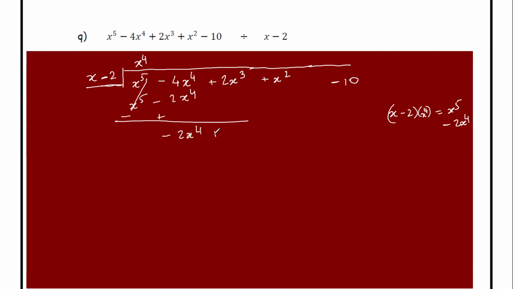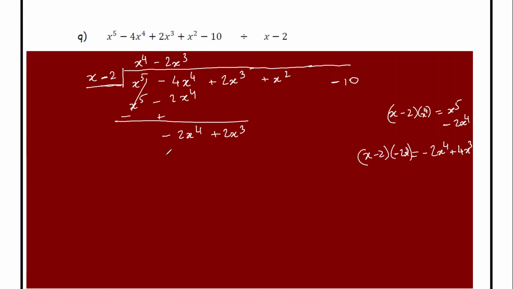Bring down 2x cubed. So now you have minus 2x to the power 4. So x minus 2 into what gives you minus 2x to the power 4. So it'll be minus 2x cubed. So minus 2x cubed, when you multiply with x minus 2, you get minus 2x to the power 4 and plus 4x cubed.